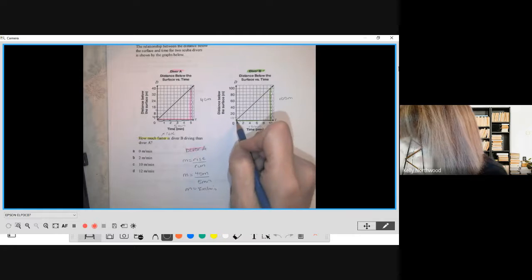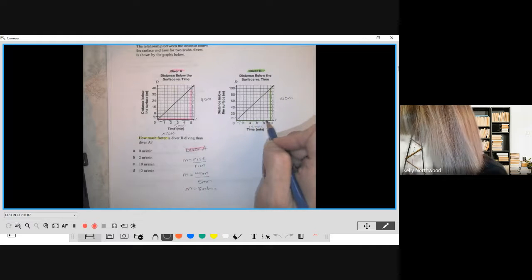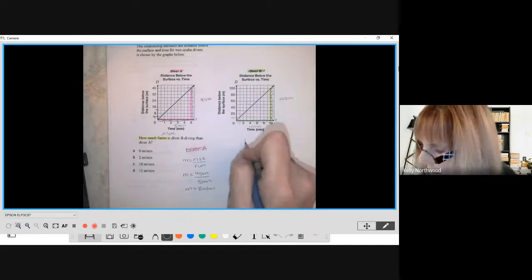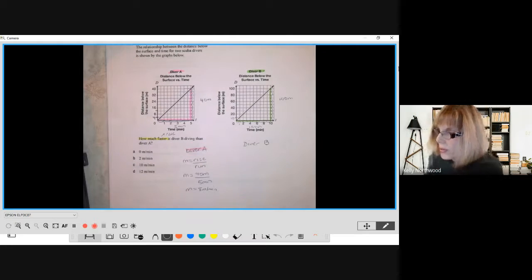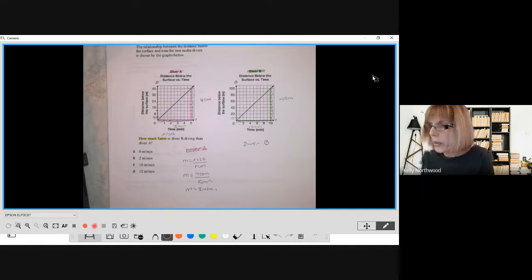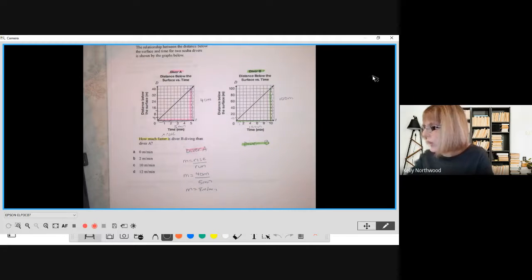Or you can count by ones and you'll get to 10. So again, we're set up to find the rate for diver B. And it says diver B is faster, so we're expecting to get a bigger number than 8, or we've done something wrong. So always look for clues in the question to make sure that you're staying on the right track.